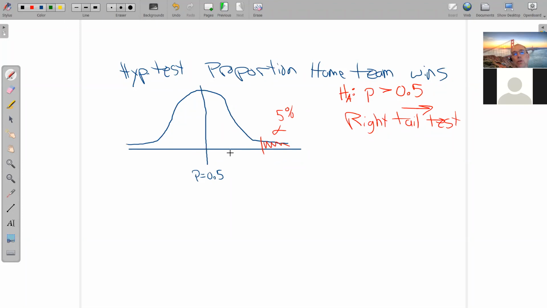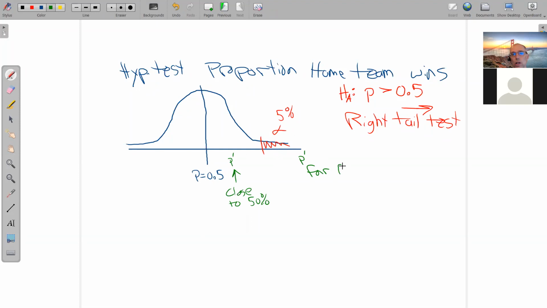It says if your data ends up over here, so if my P prime is over here, then that's close to 50%, which means the home team doesn't seem to have an advantage. If, however, the data ends up out here, P prime from the sample, then this region is the line in the sand that says that's what far away means.